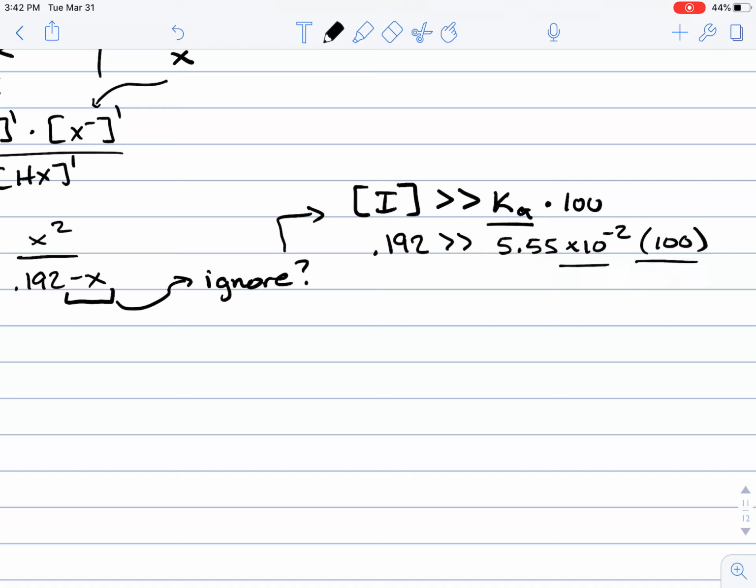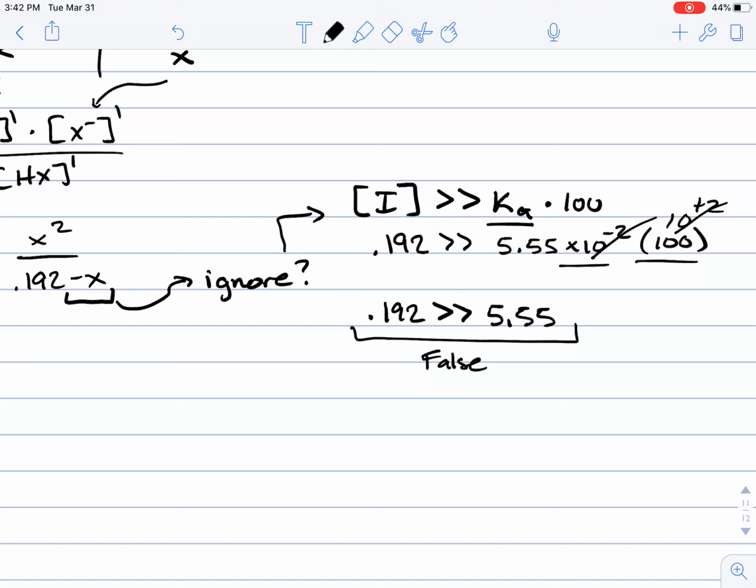And so when you multiply this by 100, this is basically times 10 to the positive 2. So they're going to cancel each other out. And so what we get is 0.192 is far, far greater than 5.55. Is this statement true or false? And so this statement is false.